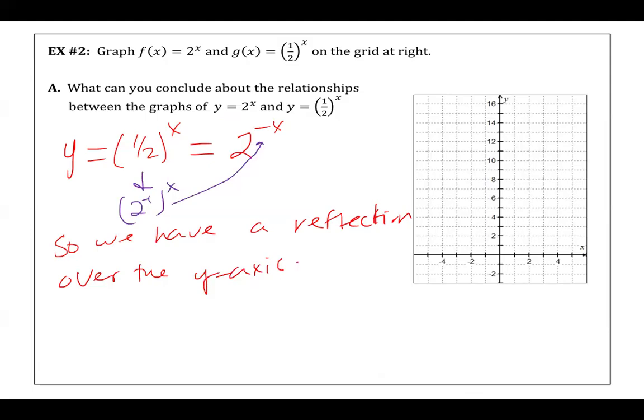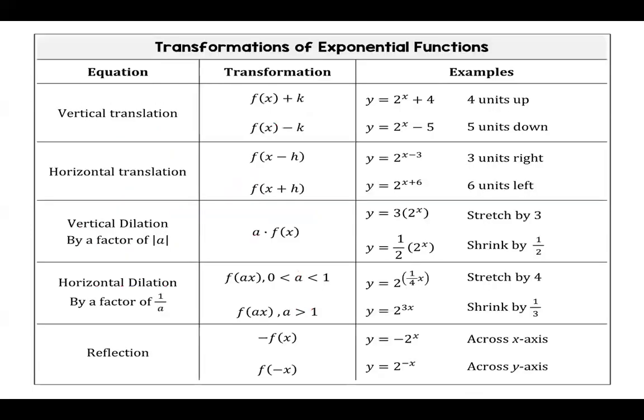Okay, so the last part of part 1 is just tying back to all of our transformation rules. So when you flip over, you'll see all of our transformation rules and how they can toggle back and forth in terms of exponentials. So if you look up here, we have our vertical translation. Your vertical translation is when you're adding or subtracting, correct?